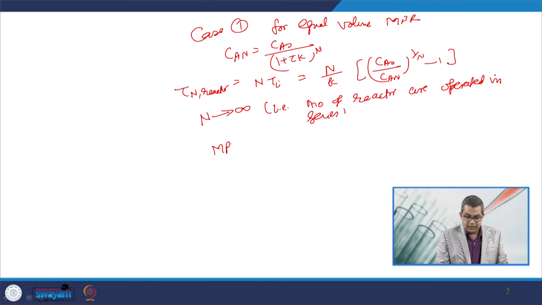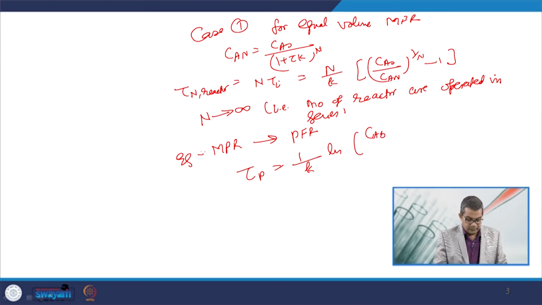So the equation attributed to MFR approaches that of PFR. In that case tau_p is equal to 1 upon k ln(C_A0 upon C_An).